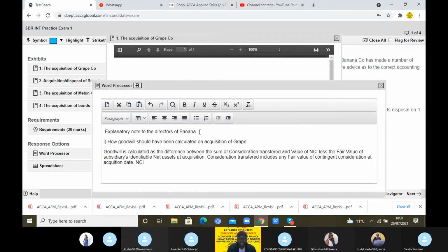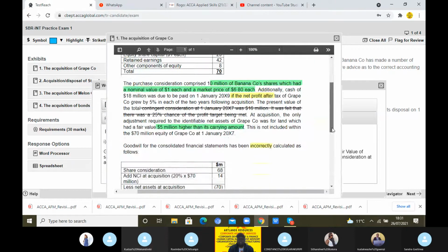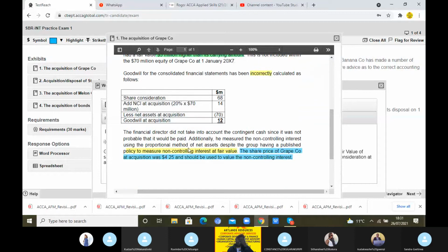And then NCI can be measured using the full goodwill method or partial method. So we measure NCI using either of the methods, but we are told in the exhibit here that the company has a stated policy of measuring NCI at full goodwill, at fair value.